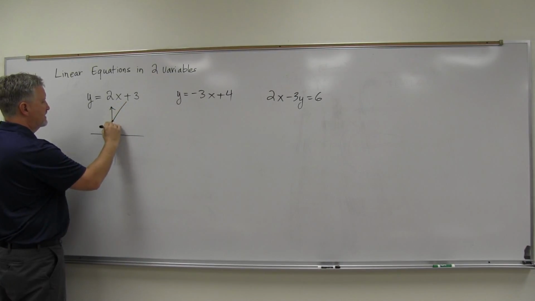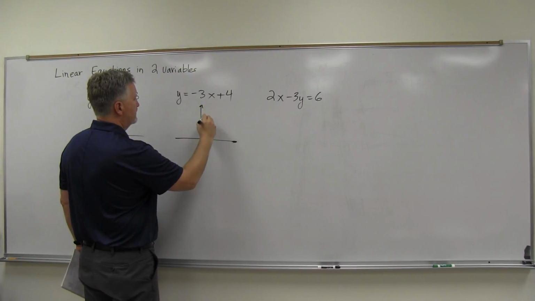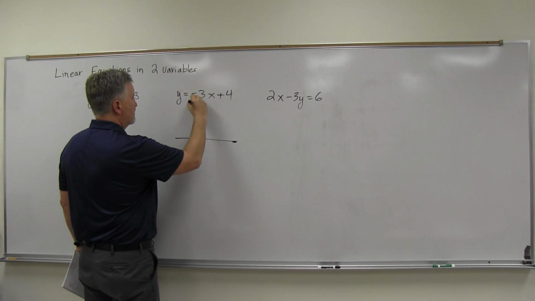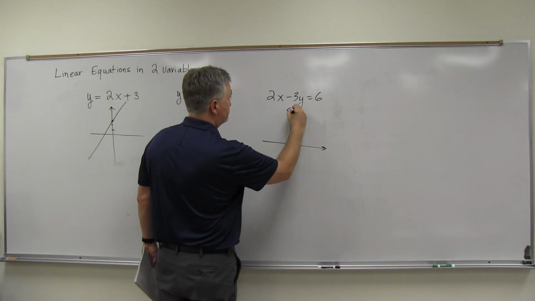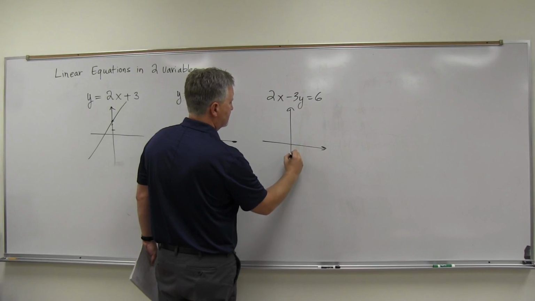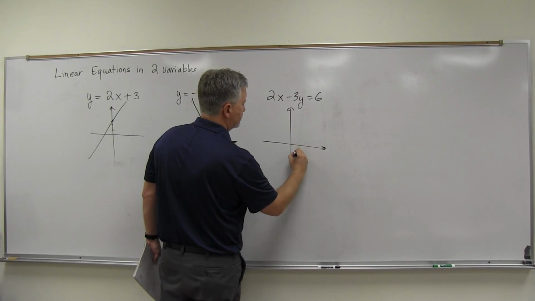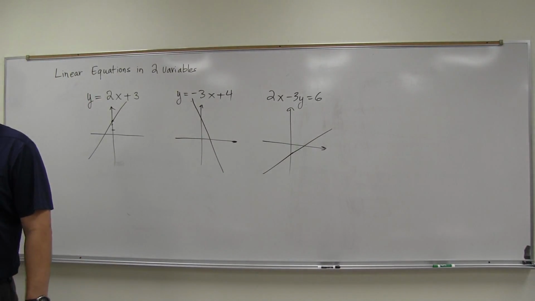I'm just kind of sketching these in. That'd be the graph of that one. Table on this one. It'd be probably more like that. And then this one. I don't know if you know how I did that, but that's fine if you don't. We're going to talk about it.